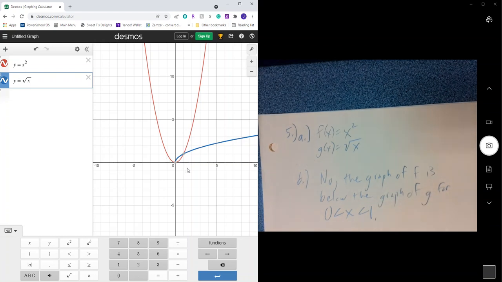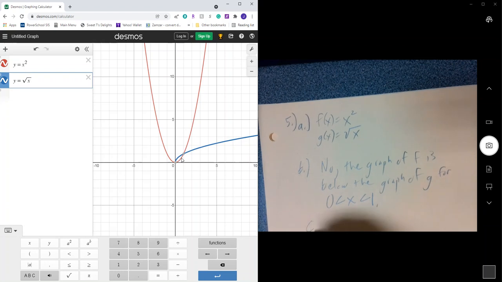Now remember here, these are the points here between 0 and 1. And if you notice, the g graph is above the f graph. So that's why we came up with our answer. Okay, and we're talking about in relation to the y value.